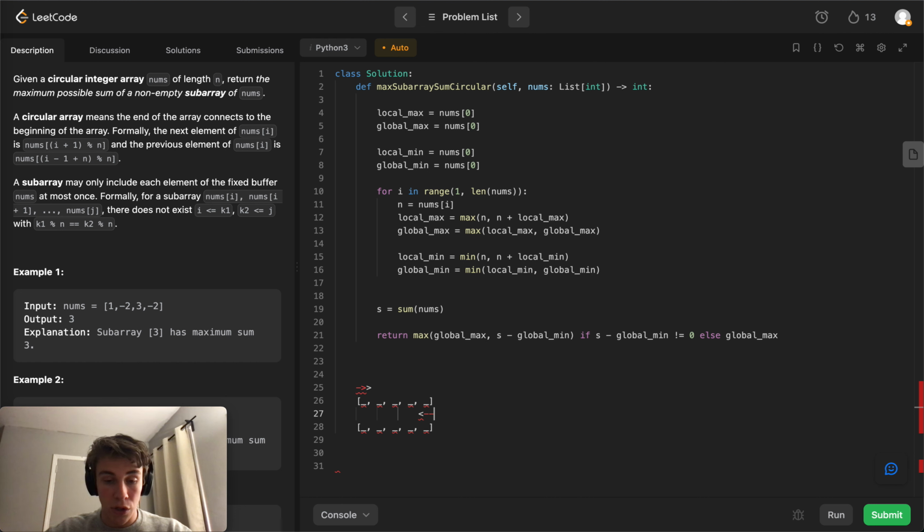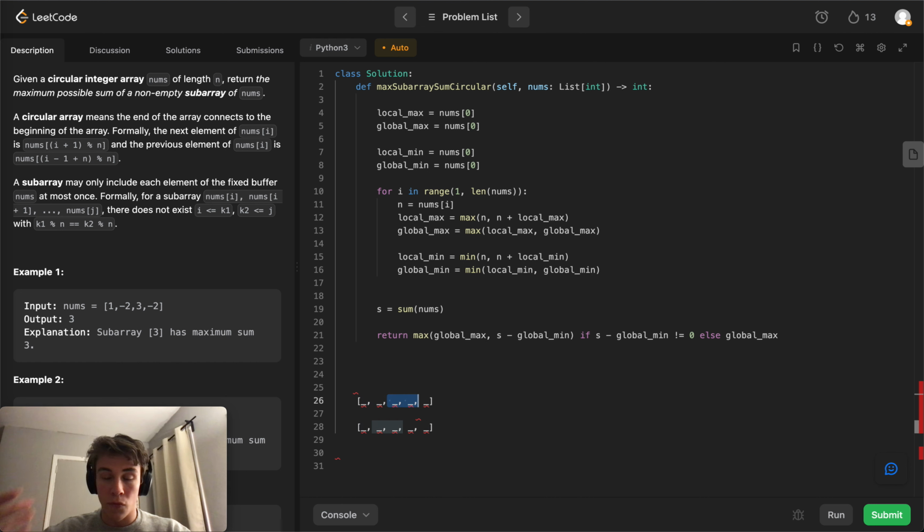So a way simpler solution is to think of the negative representation of the max subarray, which is the min subarray. And if we find that this happens to be the min subarray, it no longer matters where it ends or where it starts.